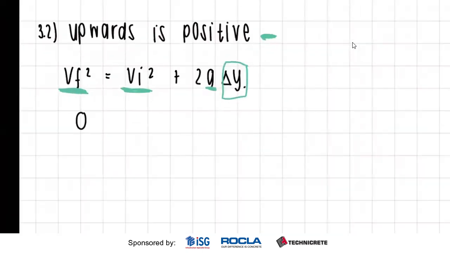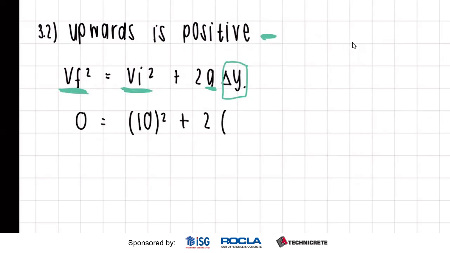We know that VF squared equals 0, because 0 is always the speed at the highest point before it comes back down again. We were told that the initial velocity that the stone was thrown up with was 10 meters per second. So we put in 10, and it's positive because it was thrown up and we're working upwards as positive. Plus 2, and our acceleration is gravity.